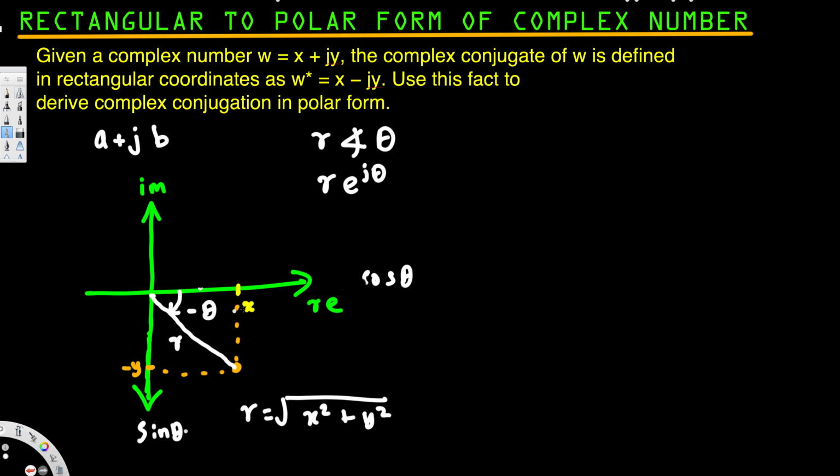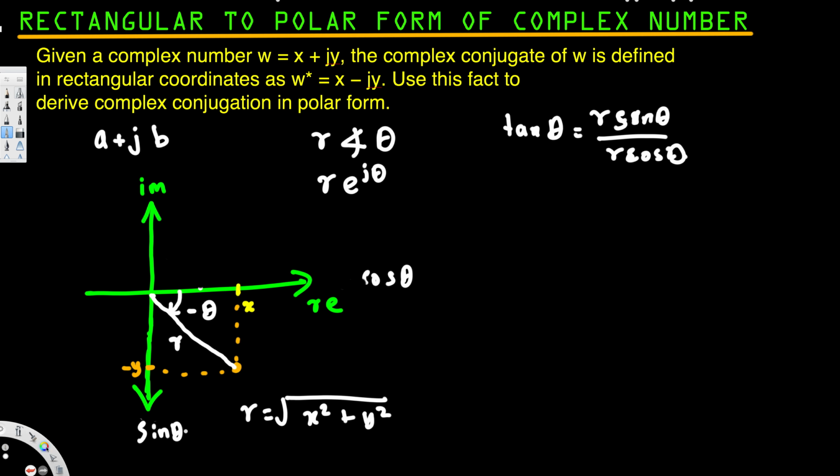So for the real part this is going to be r cos theta, and the imaginary part r sin theta. If we use tan inverse to calculate this angle, tan inverse is going to be r sin theta over r cos theta, and here r cos theta is equivalent to this distance, that's x.